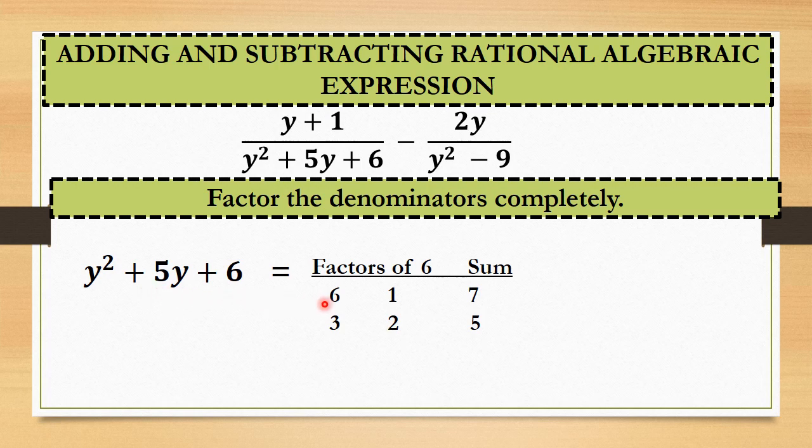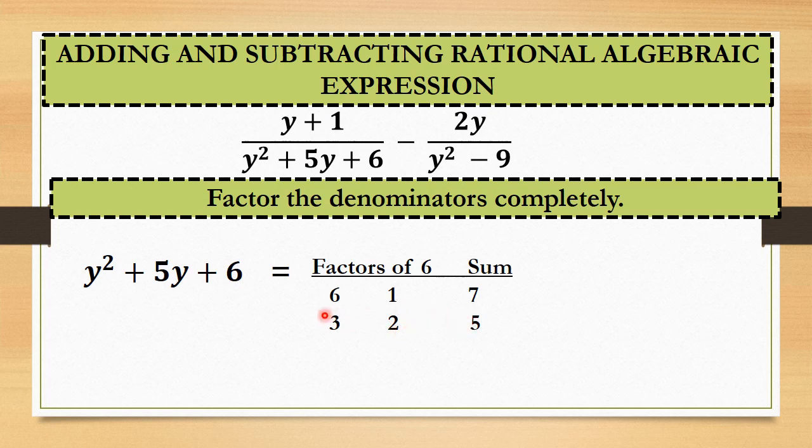So, dalawang positive numbers. Factors of 6, we have 6 times 1. Then, pag in-add natin yung 6 saka yung 1, that is 7. Then, another factors of 6, we have 3 and 2. Then, pag in-add natin, yung sum ay positive 5.